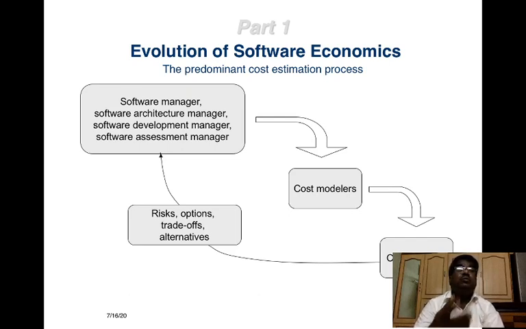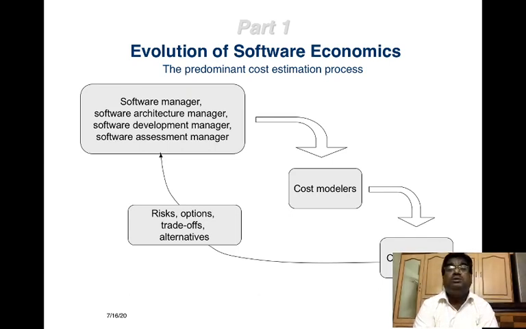Once again I am going to repeat: please remember who are going to be involved in estimating the software cost. First one is the software manager. He is the main person in charge, the main responsibility person. Then the architecture manager, development manager, and assessment manager. So four people are going to be involved in estimating the project cost.